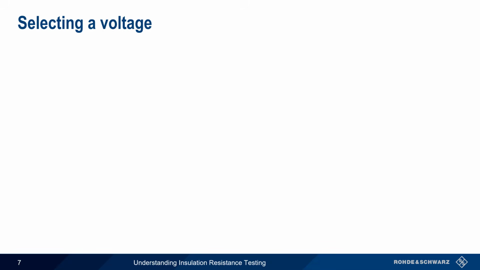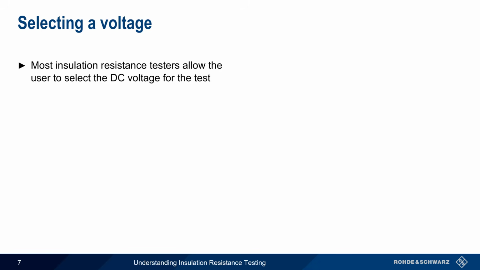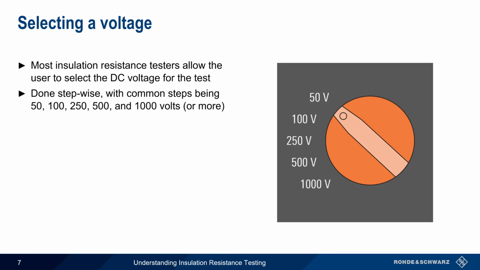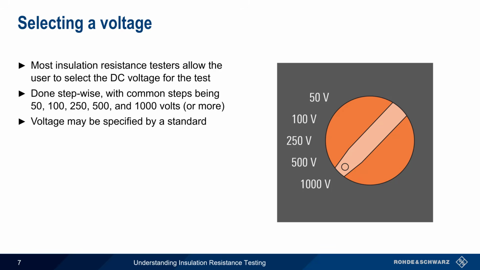Let's get back to voltages. Most insulation resistance testers have a selectable DC voltage, and the selection is usually done stepwise, with common steps being 50, 100, 250, 500, and 1000 volts. In some cases, the voltage needed for a test may be specified in a standard or similar document.